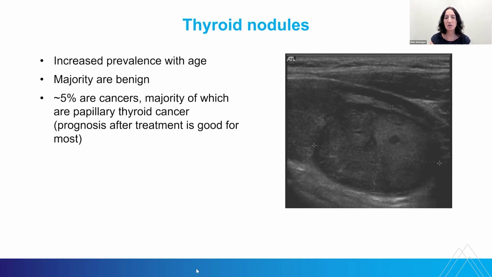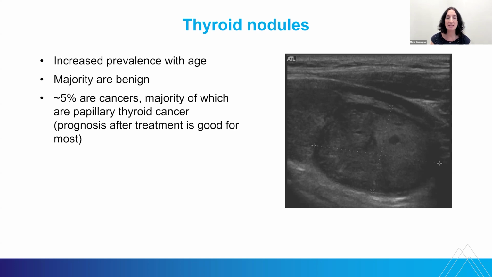There are other cancers of the thyroid, like follicular carcinoma and medullary thyroid cancer, which is actually a tumor of the C cells of the thyroid. Those make calcitonin, and that can be seen in patients with MEN2. It's a rare condition.